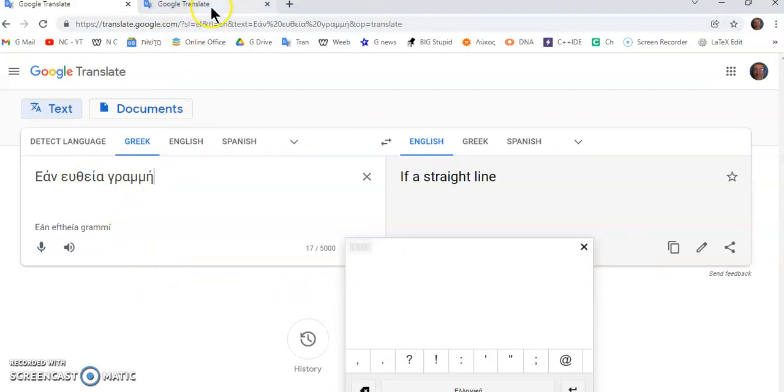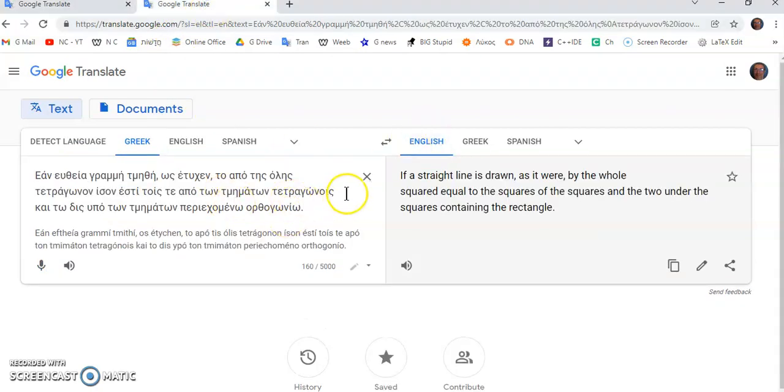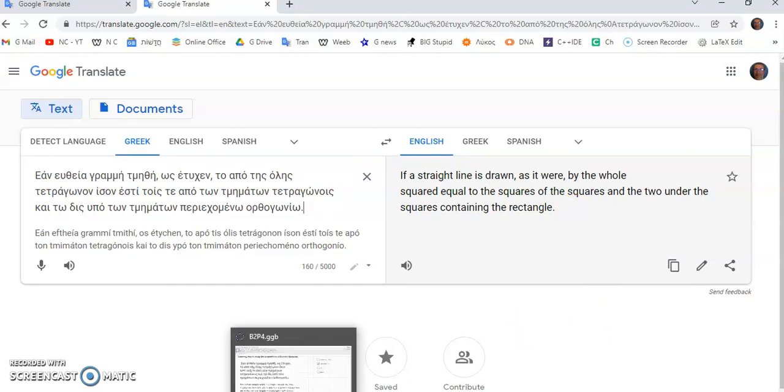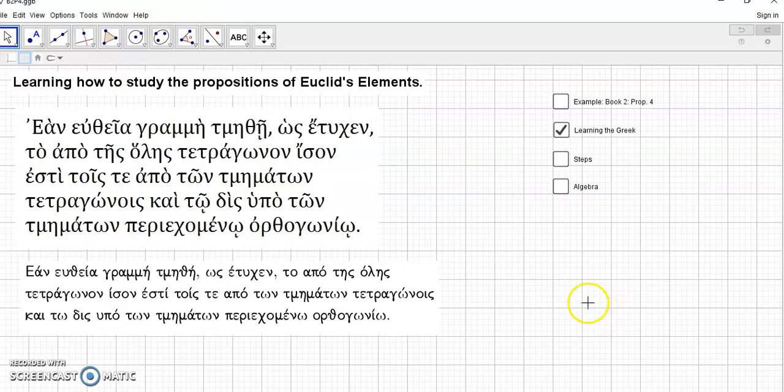And the way you can do it is like this. Now of course that doesn't guarantee you're going to get a good translation, but it gives you a rough idea of what the proposition is saying. And that's geared towards those of you who are wanting to learn Greek or to study the Elements in the original Greek. I'm not going to bother with that anymore.